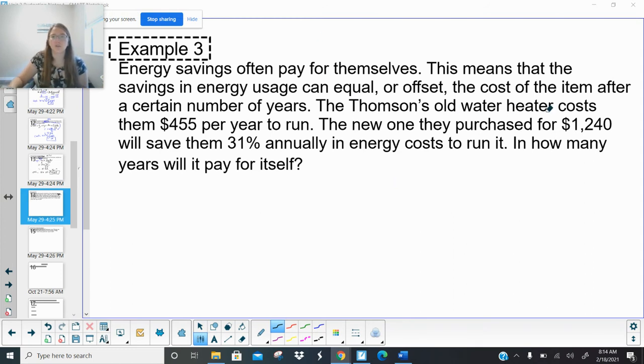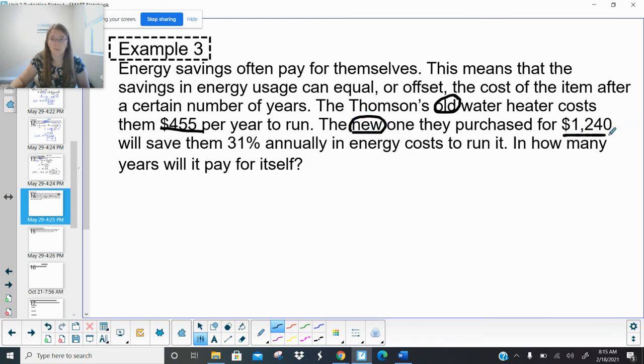So it says the Thompson's old water heater cost them $4.55 per year to run. So this is the old heater. This is the cost of electricity. The old heater cost this much to run in electricity. The new one they purchased cost this much when they bought it. This is the new one.